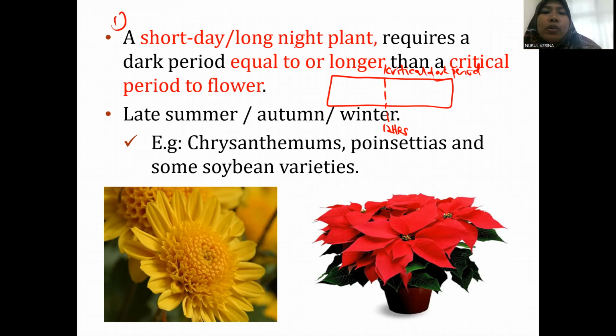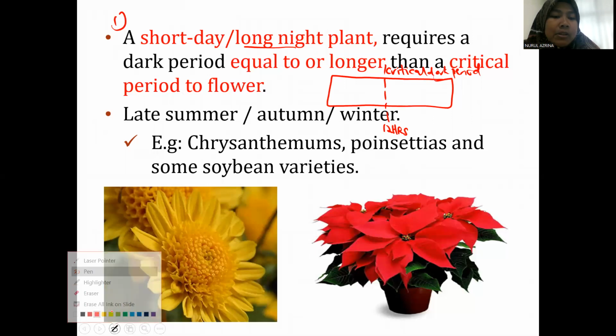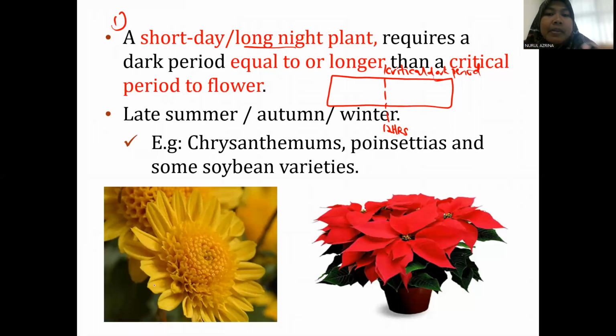Okay, so a long night plant requires a longer, continuous dark period than the critical period for it to flower. So meaning to say, let's say I have here the night length, this is the continuous dark period. The word here must be, the dark period must be continuous.